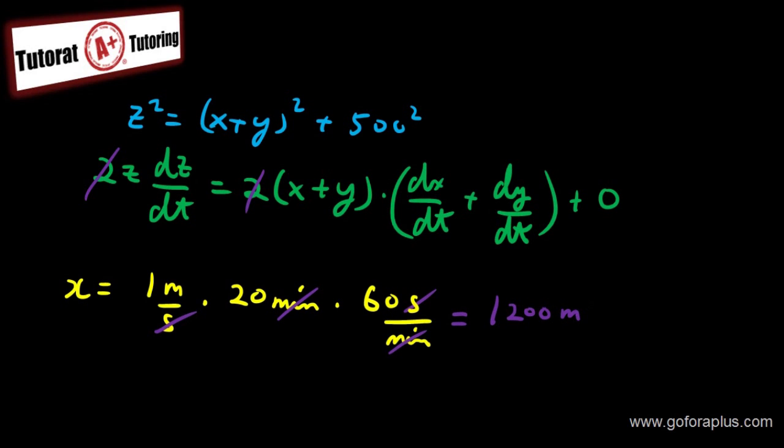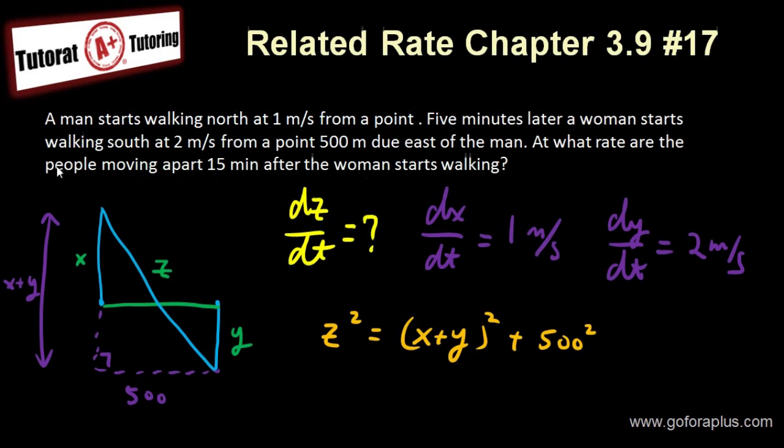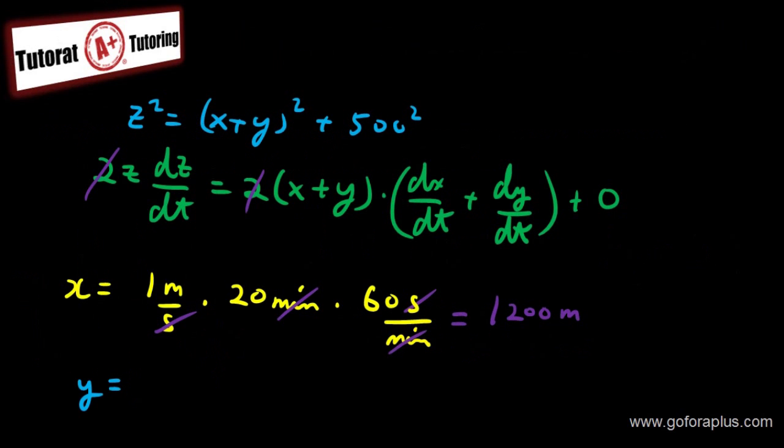Now what about y? If you look at y, the woman is walking at 2 meters per second, but only for 15 minutes, right? So I have 2 meters per second for 15 minutes times 60 seconds per minute. If I cancel out all these, seconds with seconds, minutes with minutes, the answer will be in meters.